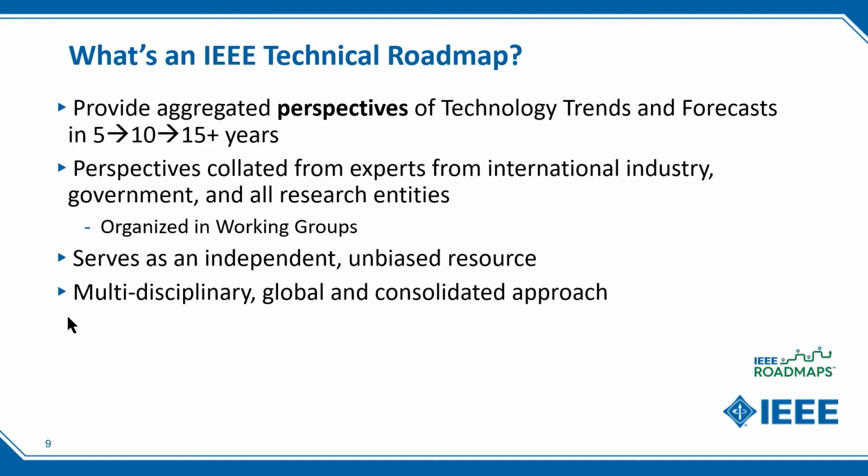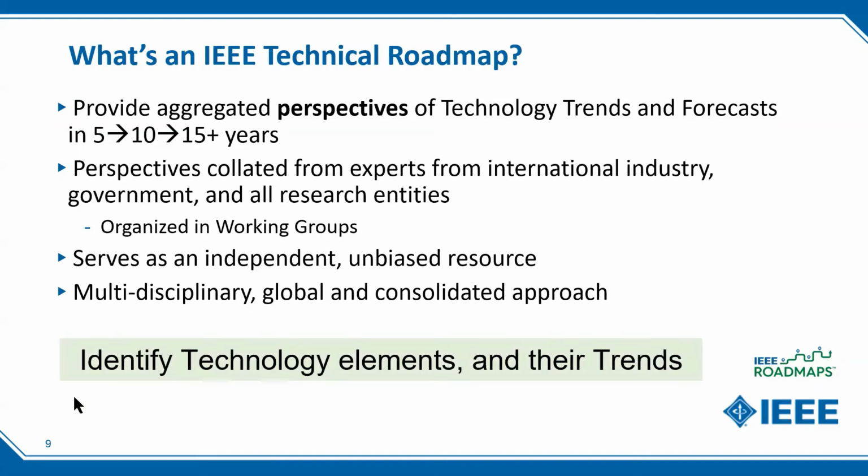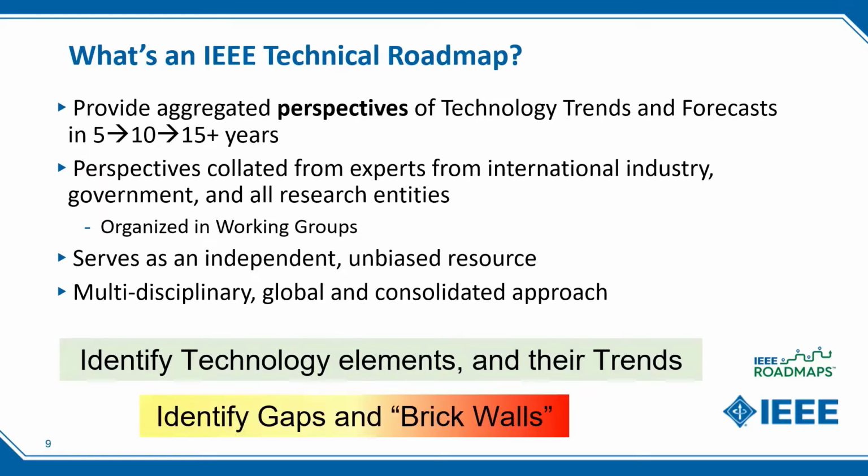We take care of multidisciplinary issues, global issues, and a consolidated approach. So what you'll see in the roadmaps is the identification of what technology elements, their trends, what they've been in the past, and what they're going to be in the future. And then the experts work together to determine what gaps exist.